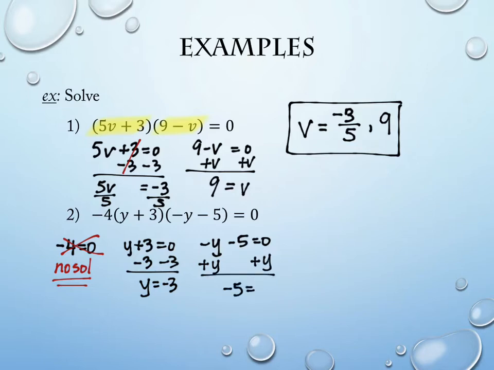And -5 equals y. So I have two solutions: y equals -3, and y equals -5. Okay. How can I check to make sure that these are actually really solutions?